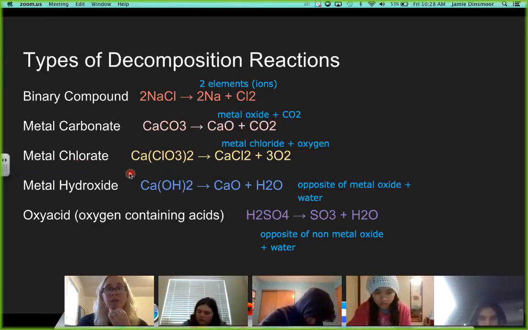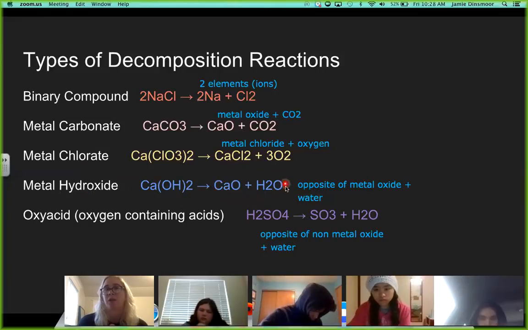Metal chlorate, we have a metal plus a chlorate. We end up getting a metal chloride plus an oxygen. Metal hydroxide, we have metal, we have hydroxide. Guess what? This is the opposite of the reaction we saw for synthesis. So we end up getting a metal oxide plus water.